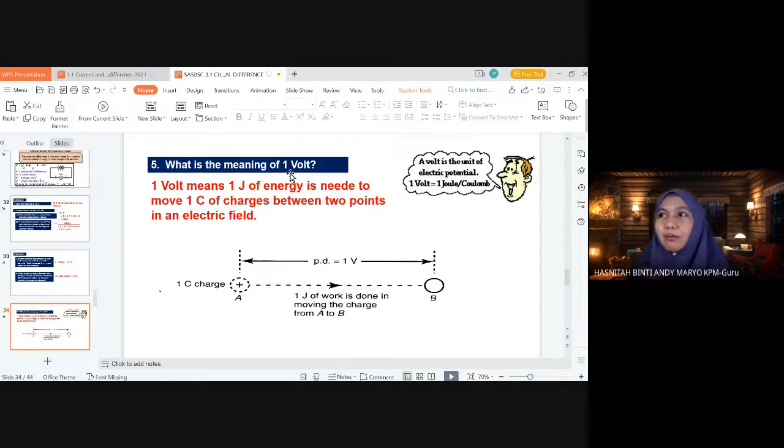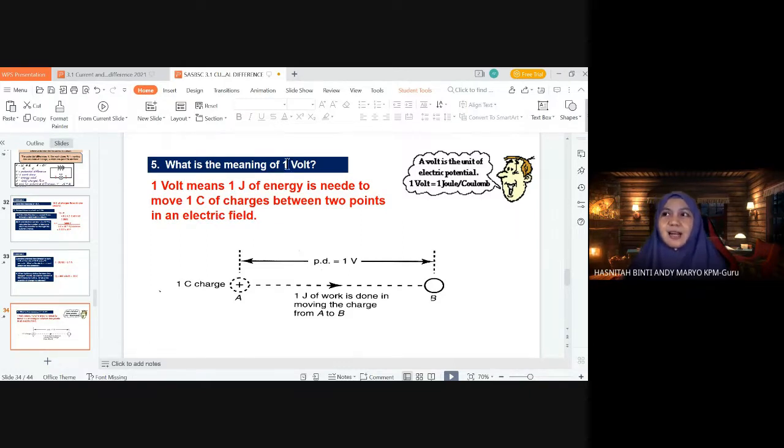So 1 volt means 1 joule of work is done, or 1 joule of energy is required, to move 1 coulomb of charge from one point to another in an electric field.